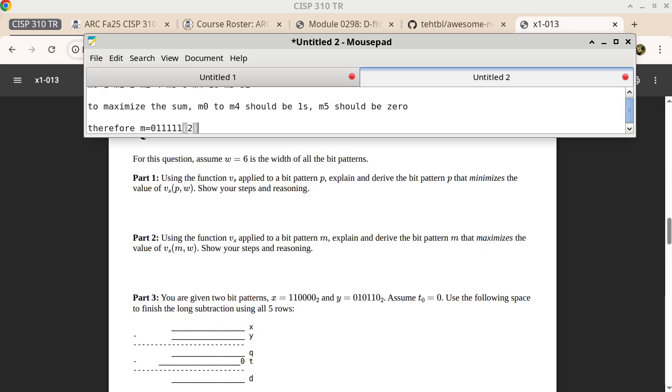All right. So that's part one and two. Now we go to part three. So part three is about can you give me a bitwise subtraction with all the rows. So this is basically asking, do you know how multi-digit subtraction works? In this case, in base 2. So now we just go 1 1 0 0 0 0 minus 0 1 0 1 1 0.